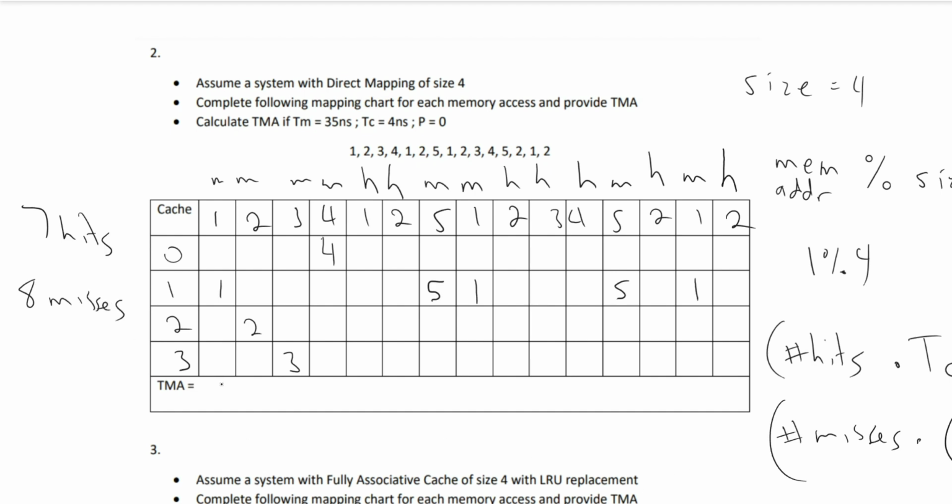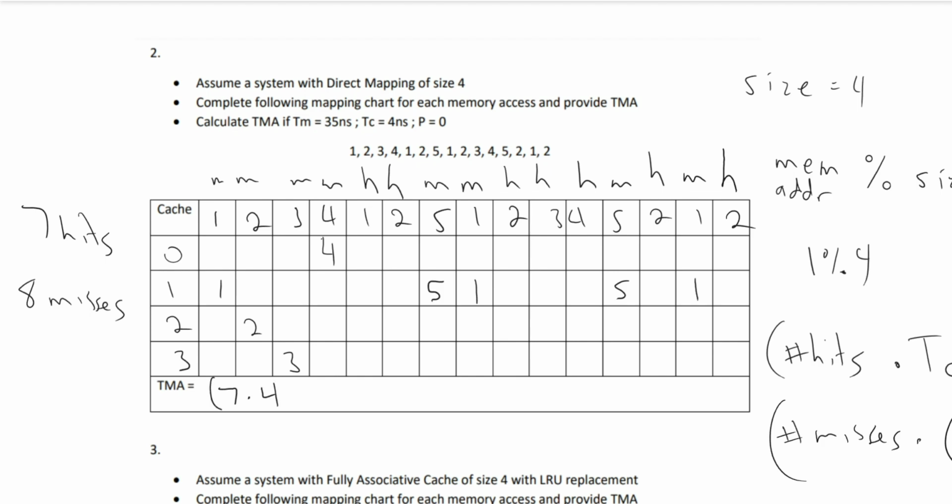Okay. So 7 times 35, because 35 is provided here. Or no, oops. TC is 4. Okay.